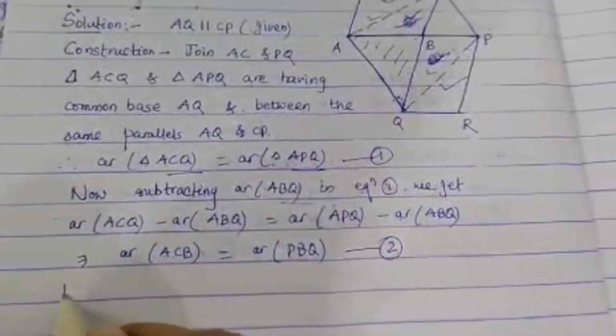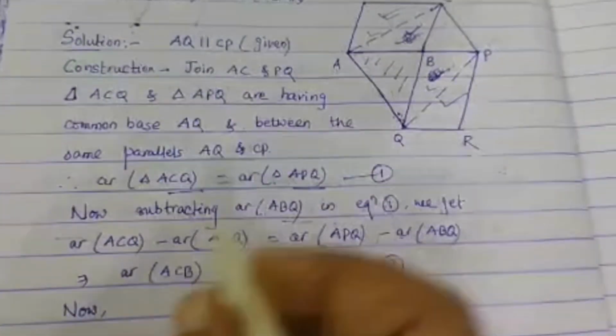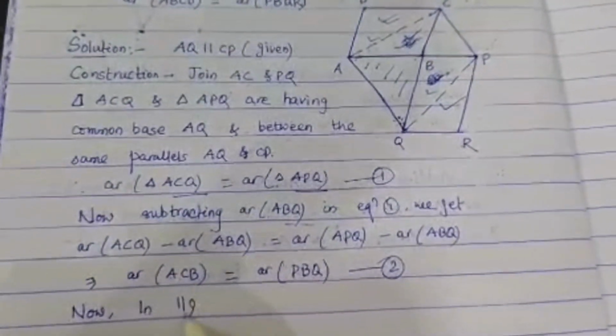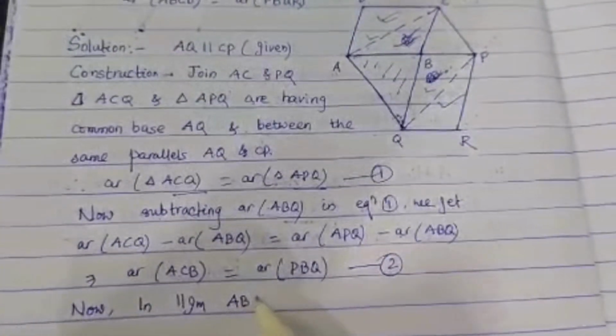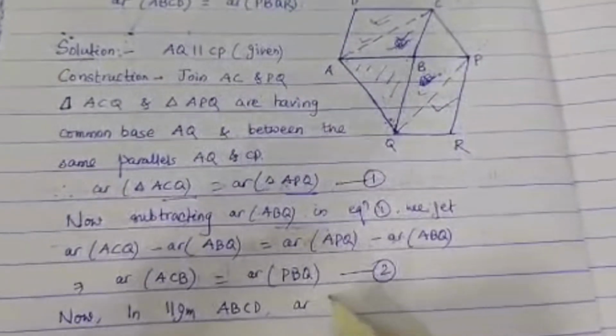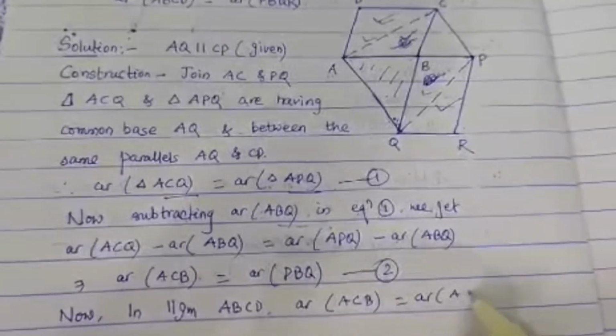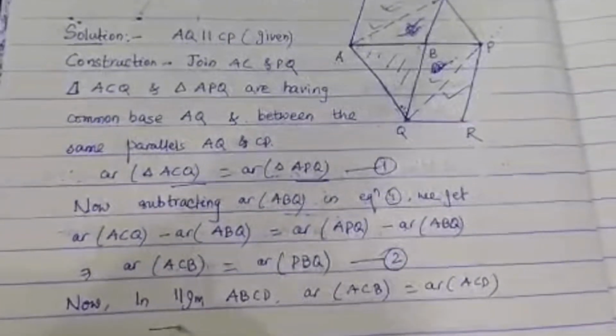Let's write it. Now in parallelogram ABCD, area ACB is equal to area ACD. Why?